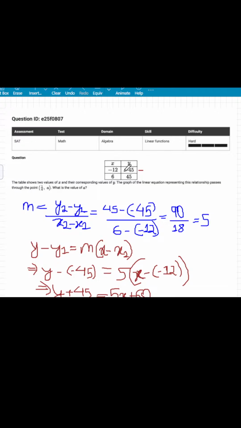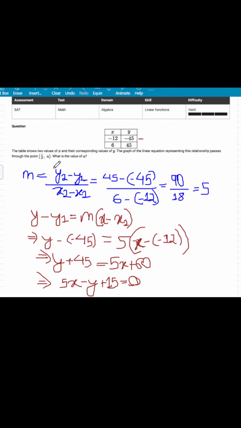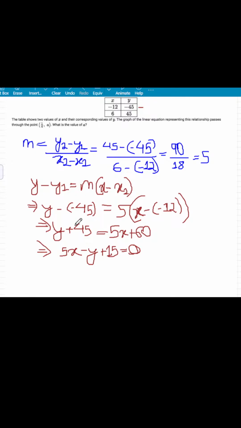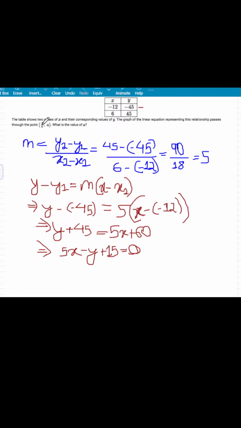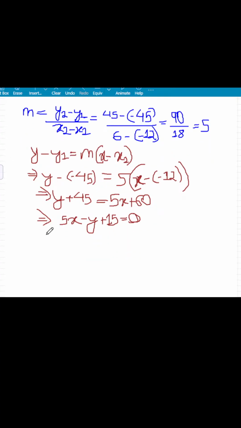So this is the equation of the line of this linear function that we are given. Now we have to find what is the value of a if this point 1 by 4 comma a lies on the line. If this point lies on the line, it will satisfy this equation. So we can put the values for this point here. So x is equal to 1 by 4 and y is a. So 5 by 4 minus a plus 15 is equal to 0.